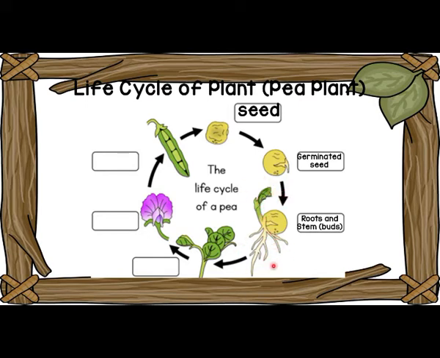We call this one a bud. And then the buds will grow and it will produce more leaves and it will eventually produce flowers too. The flowers will produce pea pod, which will have some seeds that we can plant again.